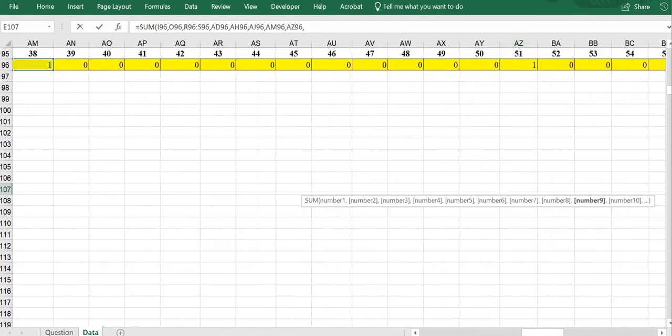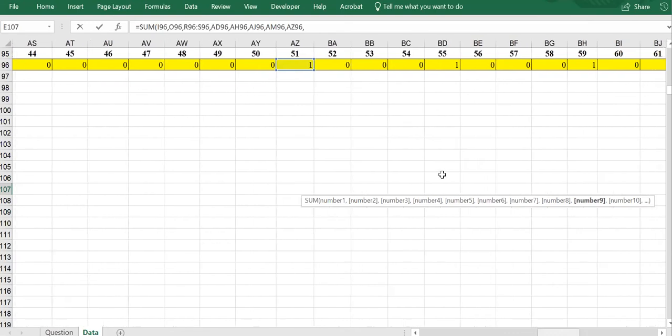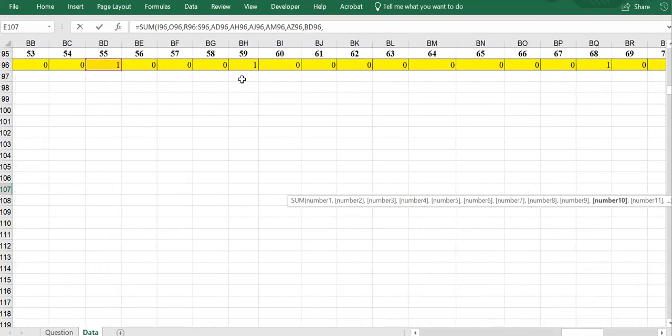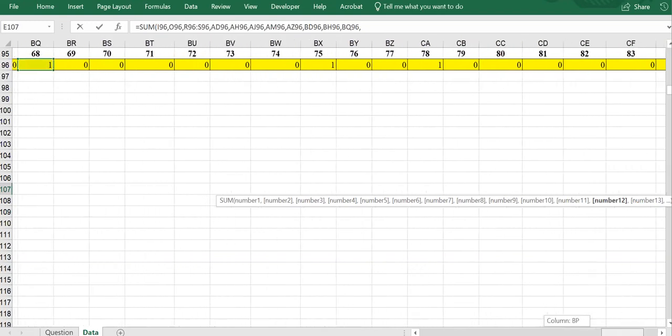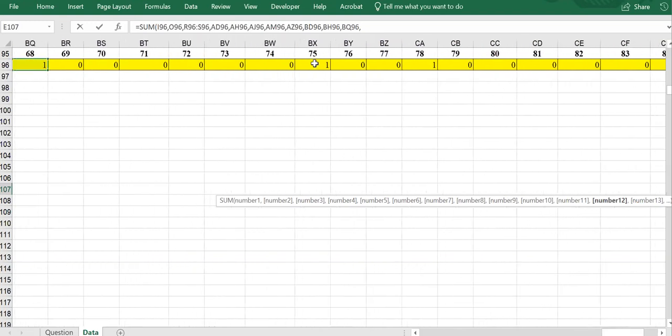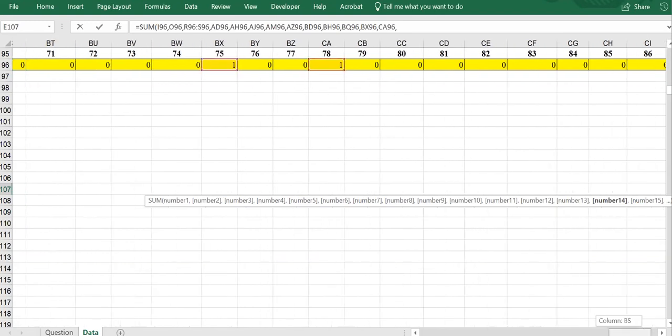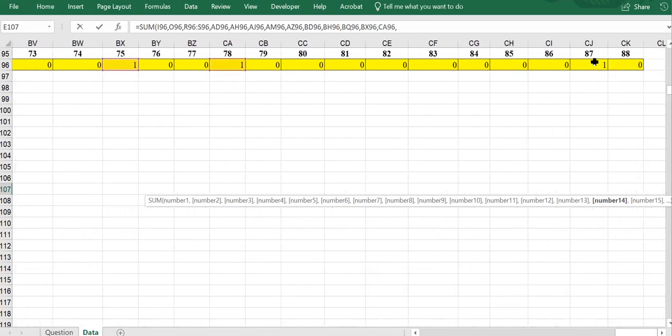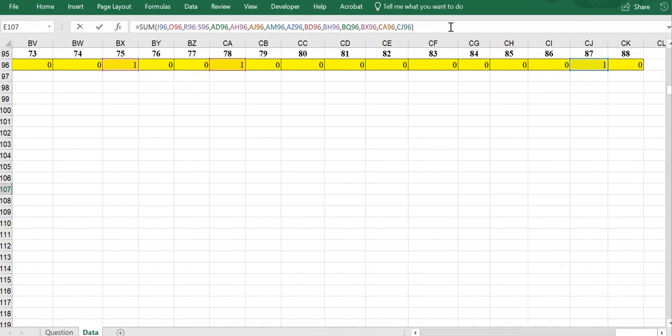AZ96, this one. BD96. BH96 and BQ96. BX96, CA96, and CJ96. So these are all ones.